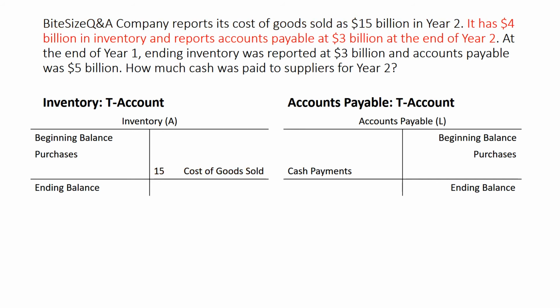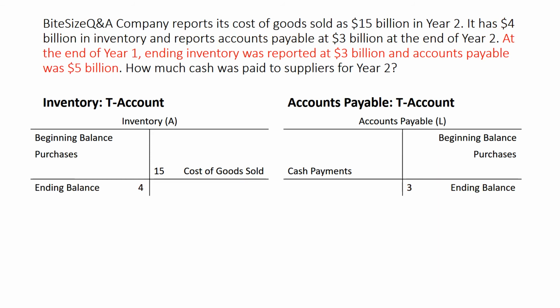It has $4 billion in inventory and reports accounts payable at $3 billion at the end of year 2. This means that we're given the ending balance. For the ending balance, we can now record the amount. It is 4 for inventory and 3 for accounts payable.